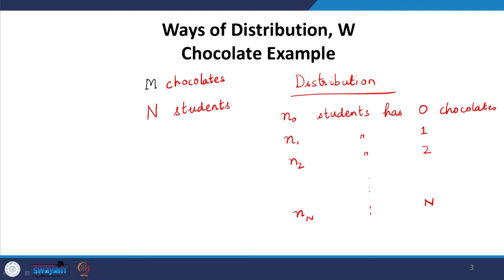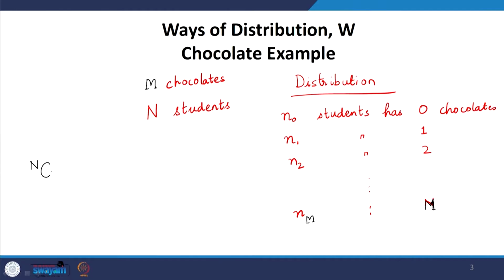So, in this case all that will change is that now you have more possibilities, starting from n0 to n1 to n2, and ultimately you can have n_m students having m chocolates, right. So, the idea of the number of chocolates being the same as the number of students is only a simplicity, it can be even more general, and we will see how it comes in the next example as well.